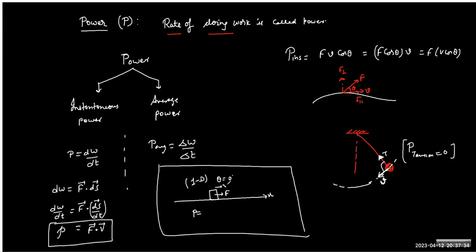So if it is going this way, only FV, right? So the instantaneous power is how much? So dW we can write as P dt.